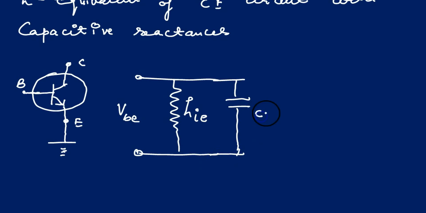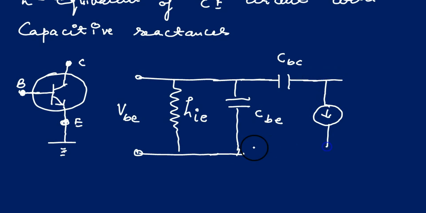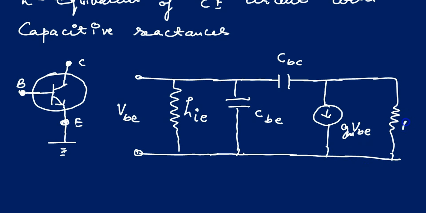This is the capacitance which appears between base and emitter. Okay, and this is the capacitance which appears between base and the collector. Then we have a current source, GM into VBE, and then here there is a load resistance, RL. Here is the output.